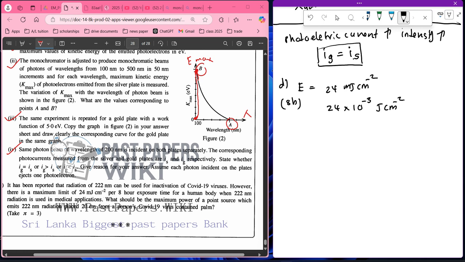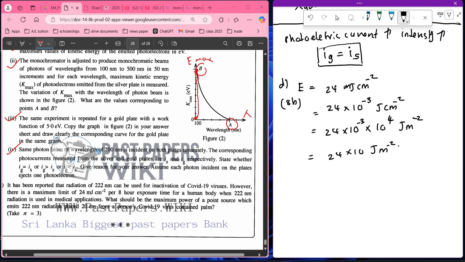To remove the centimeters, we multiply by 10 to the power 4, so that is 24 into 10 joule m to the minus 2.